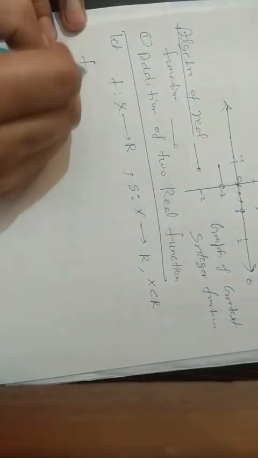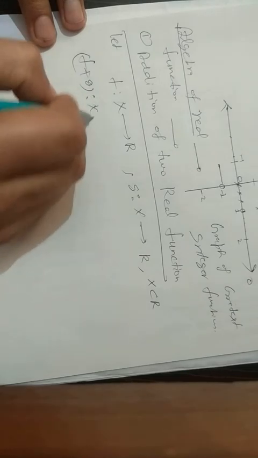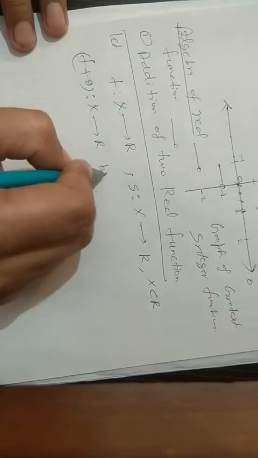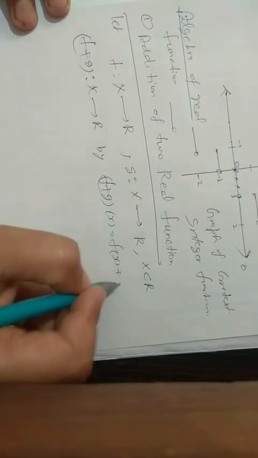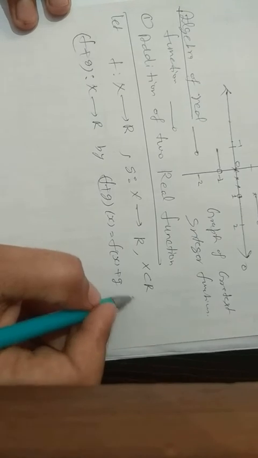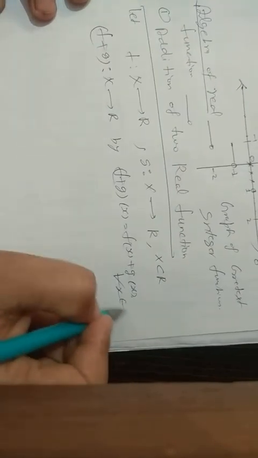Then we define f plus g, defined from X to R, by (f plus g)(x) is equal to f(x) plus g(x) for all x belongs to capital X.